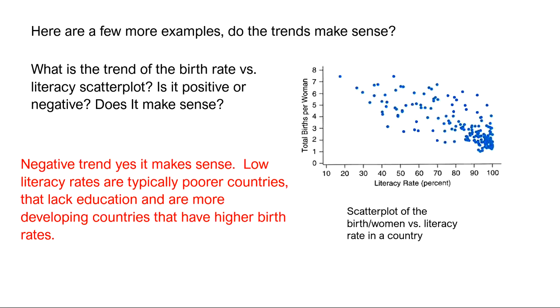So there's more education, so they kind of start limiting the number of children they have because there's just a general trend, and that's what the general trend line. We go to trend lines. That's typically what people do is they get more developed countries tend to have less children per woman per family than the poorer developing countries.